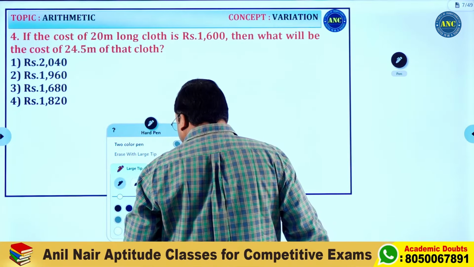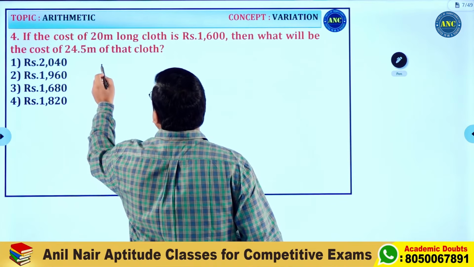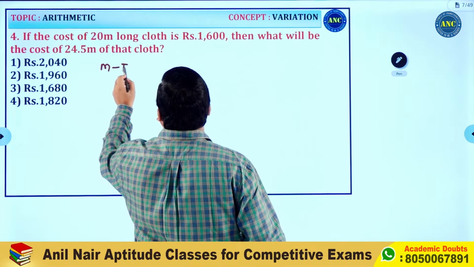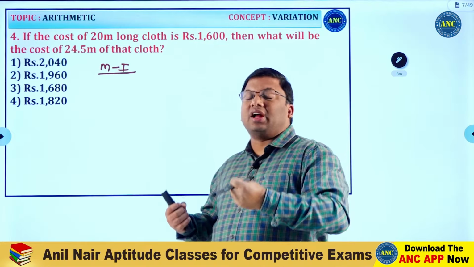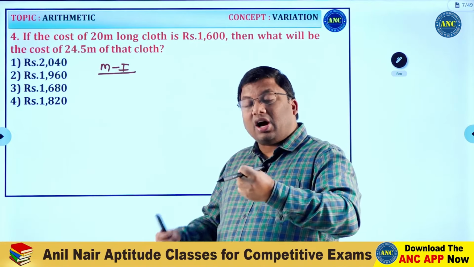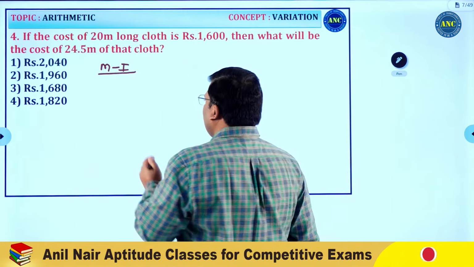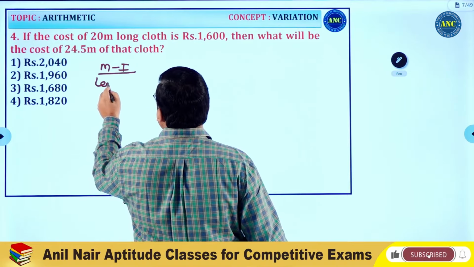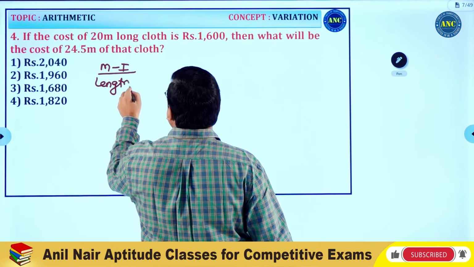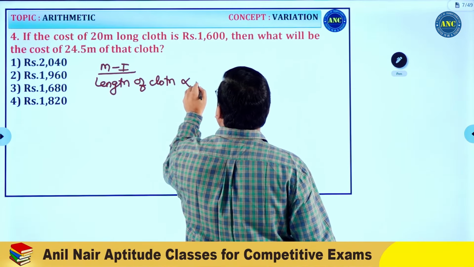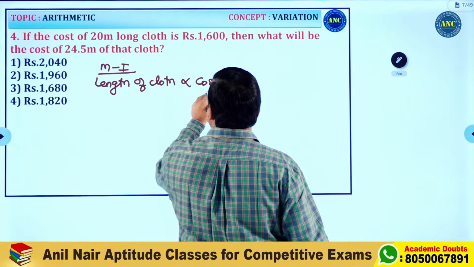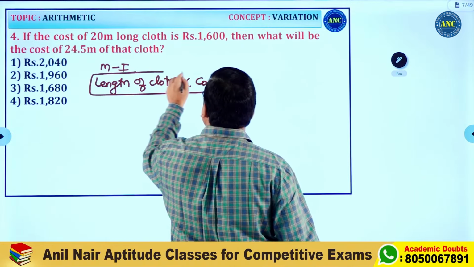Read the question. If the cost of 20 meters of cloth is 1600, if the length of the cloth is more, then the cost of the cloth also will be more. So length and cost are directly proportional to each other.